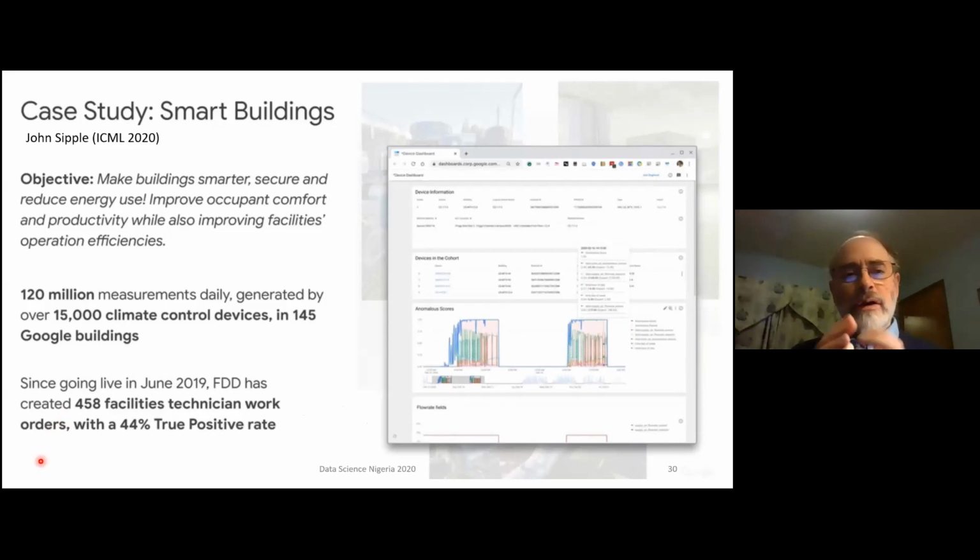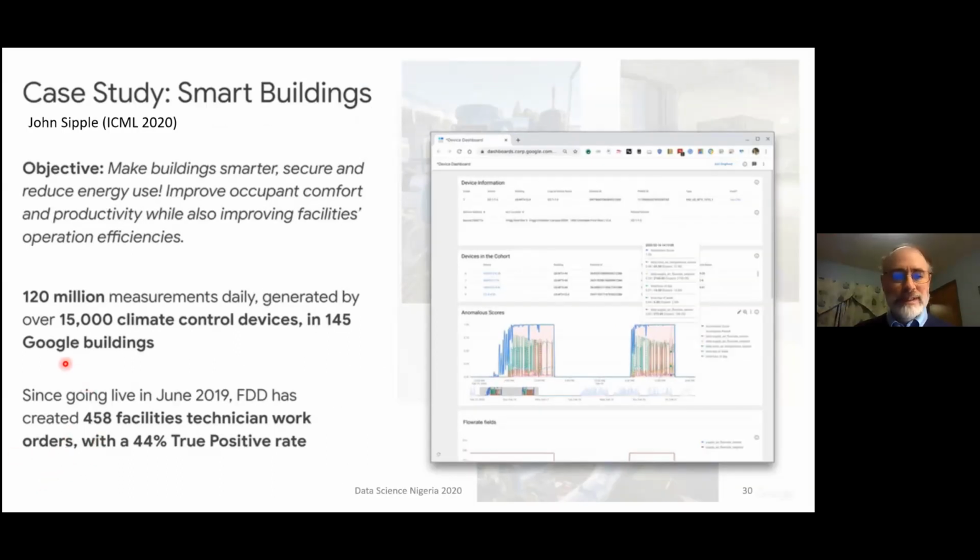Sipple is in charge of managing the buildings that Google has. They have 145 buildings, and these have many climate control devices installed on them, 15,000 climate control devices. So they're making 120 million measurements every day.